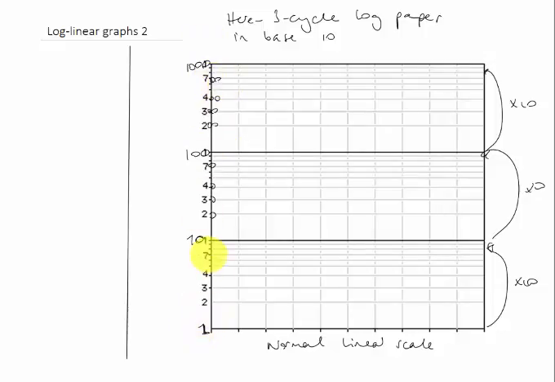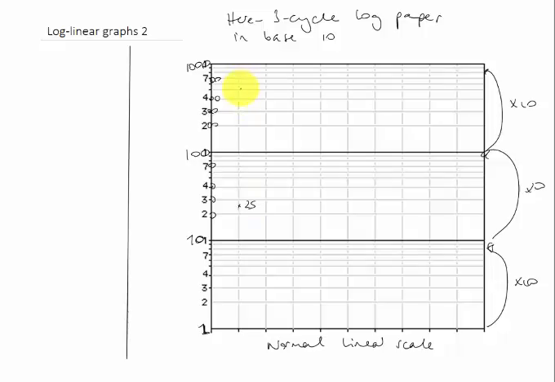So if this would be 10, then you just find your number. You don't have to transform it into logarithms. The way these lines are spaced out transforms it into logarithms for you. Okay, so if you wanted 25, that would be like here, for instance.